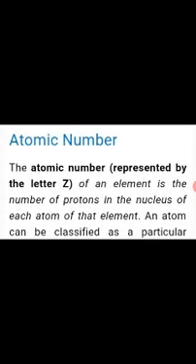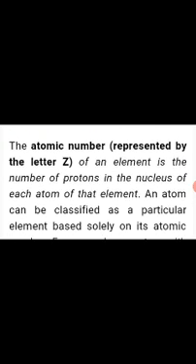The atomic number, represented by the letter Z, of an element is the number of protons in the nucleus of each atom of that element. All atoms of an element are the same. This was the old concept, but it existed.